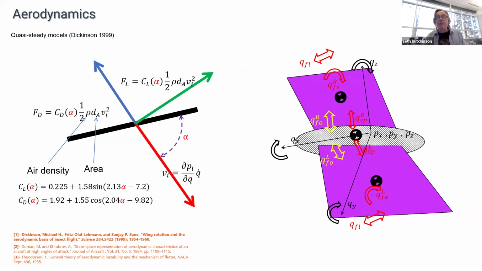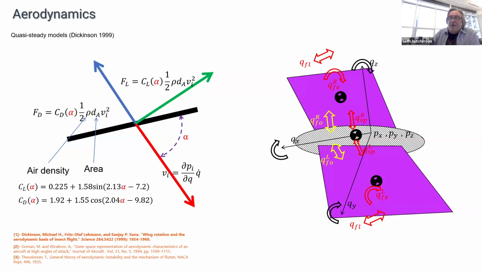So what did we do? We used a really simple model for aerodynamics, right? Maybe the only thing simpler than this is to model it as if there are no aerodynamics, just to model it as a brick or as a potato or something. This model says the two wings of the robot, we will treat them as rigid planes.